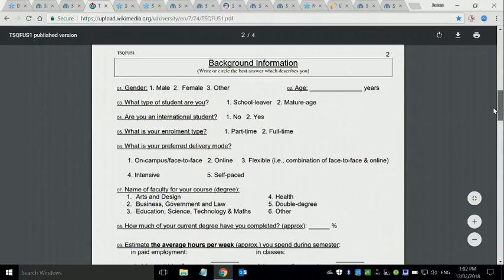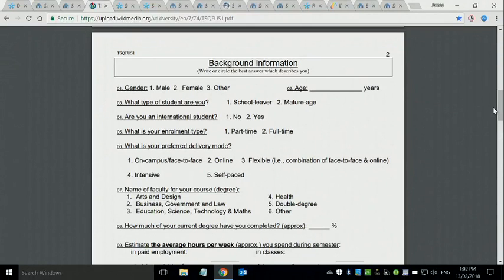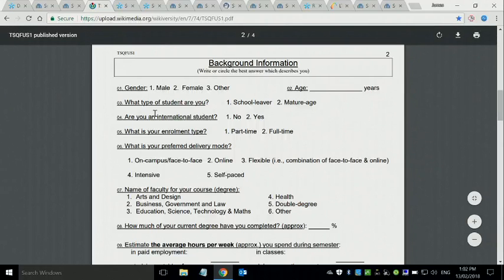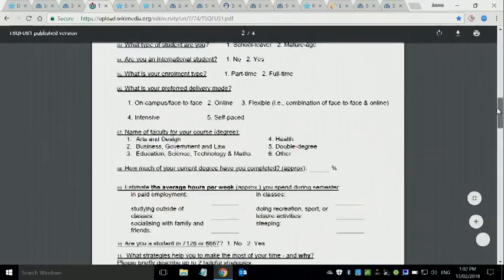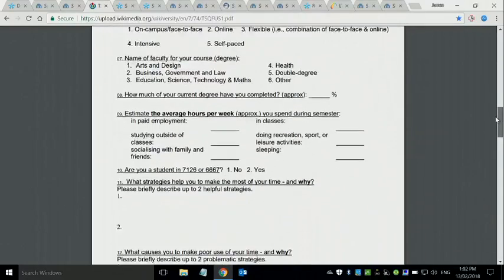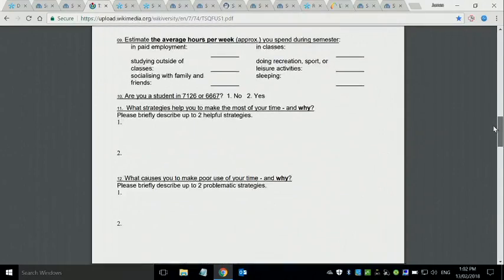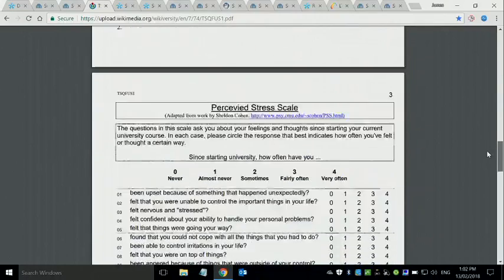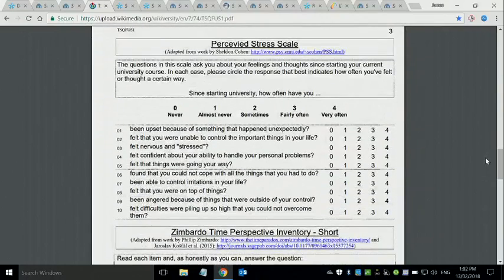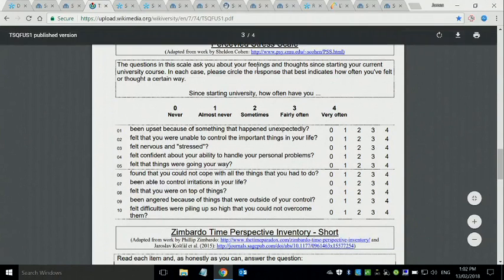So read the instructions. The idea is you fill out one yourself so that you're familiar with the survey. There's some background information, demographic type information on the first page. Then there's a few multi-item scales about different psychological variables.